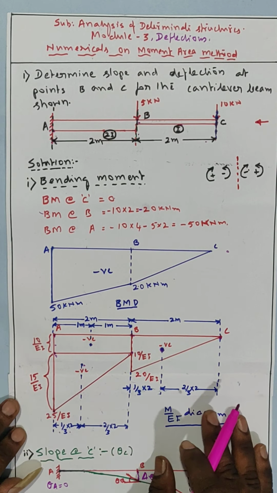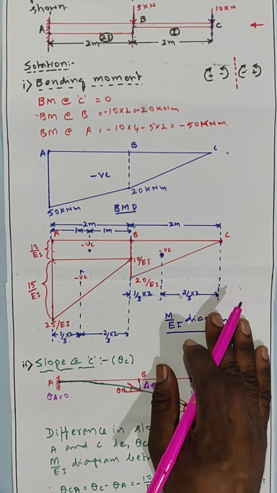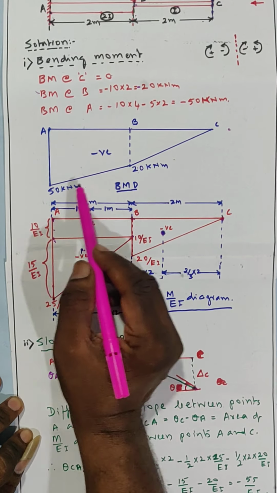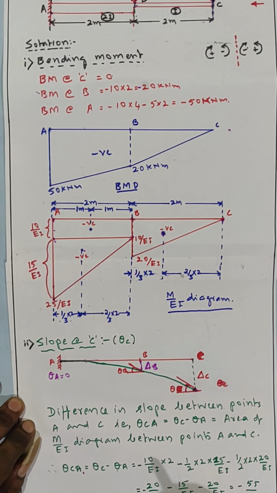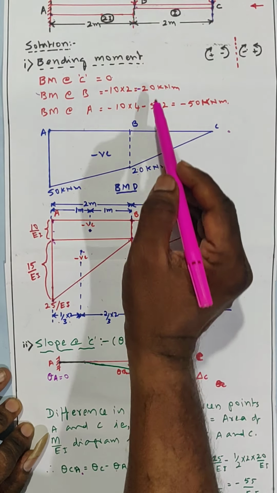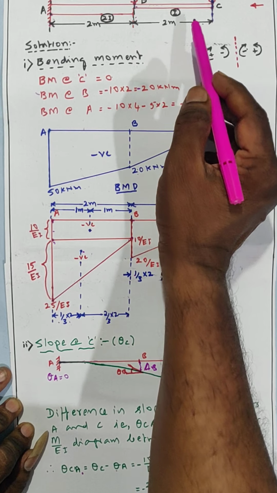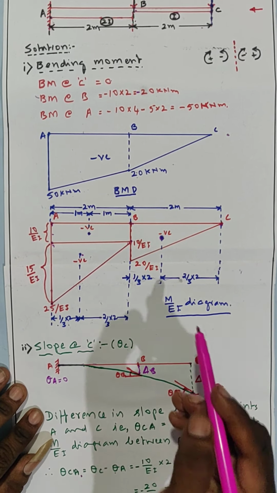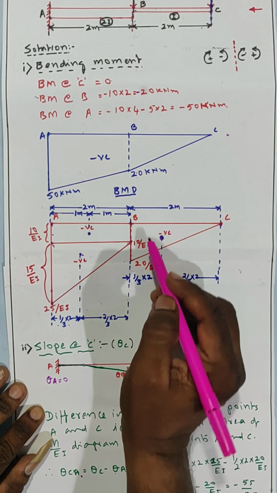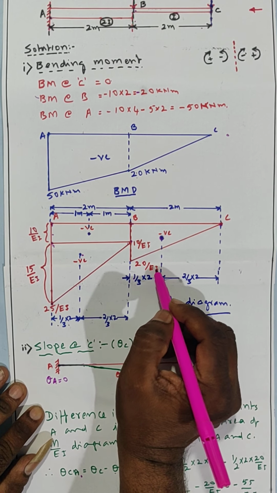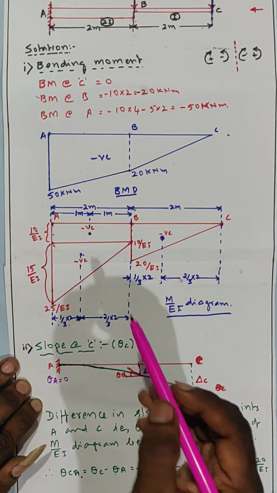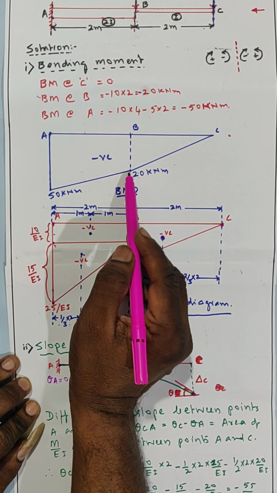Now I have to draw the M over EI diagram. See, all the values, if I divide them by EI, it becomes the M over EI diagram. From B to C, the flexural rigidity is I. Therefore, I am doing 20 by EI because it is a single I. It is the same from B to C. But in portion A to B, it is 2I.